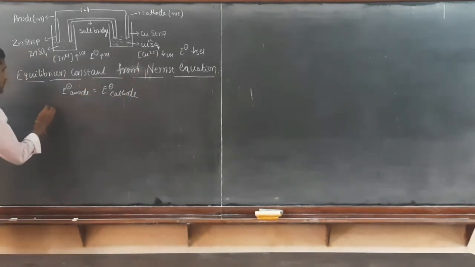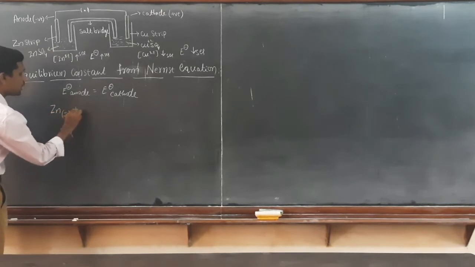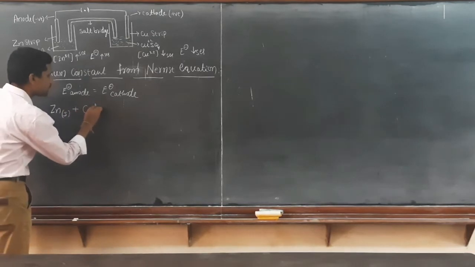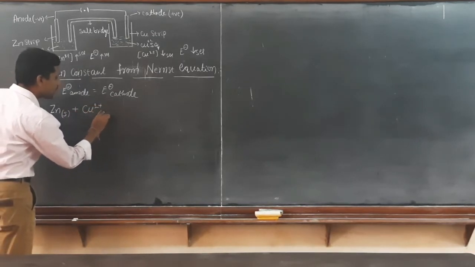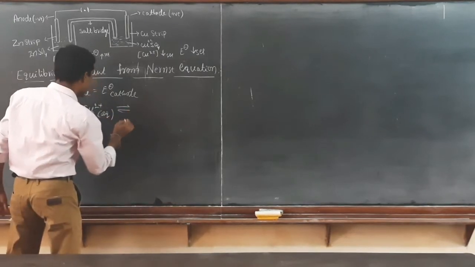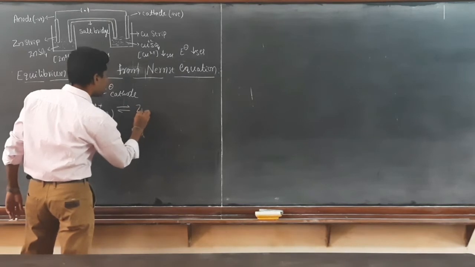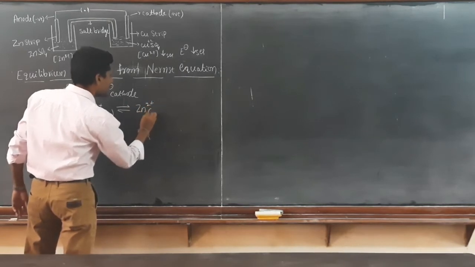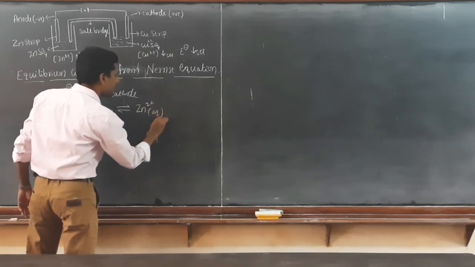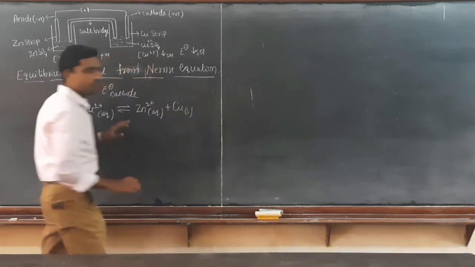A simple example: zinc solid and copper 2 plus aqueous are in equilibrium with Zn2 plus aqueous and copper solid. So this is the equilibrium reaction.